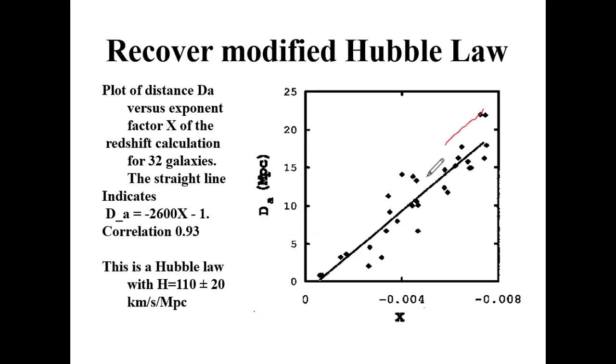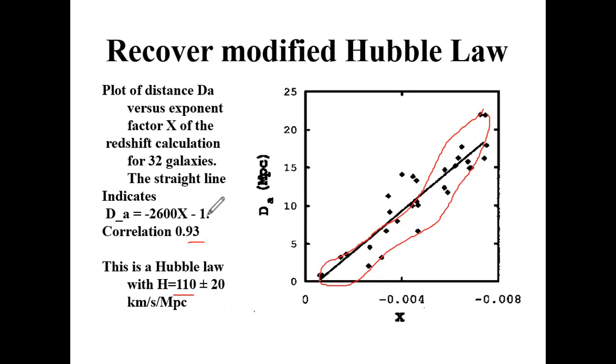This line looks a lot better overall than what the Key Project had, but yet this is still the Key Project data. And the correlation coefficient here is 0.93, which is quite good. But the Hubble law here then becomes, with a shift, 110 plus or minus 20.